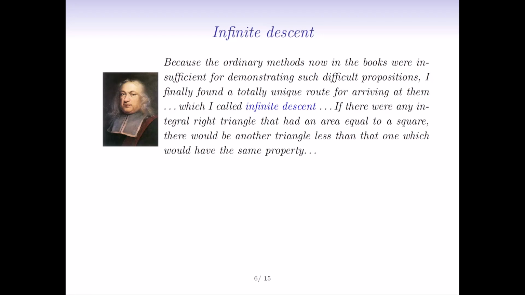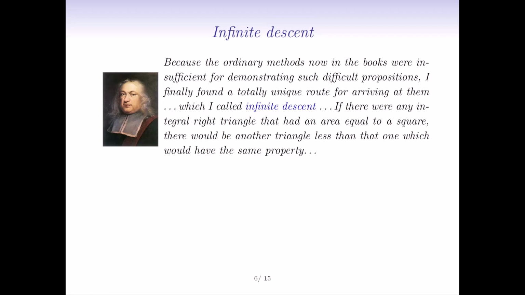So, a right-angled triangle with integer sides and with an area equal to a square, the square of another integer. If there were a triangle of that kind, then there would be another triangle less than that one, i.e. with a smaller area, which would have the same property.